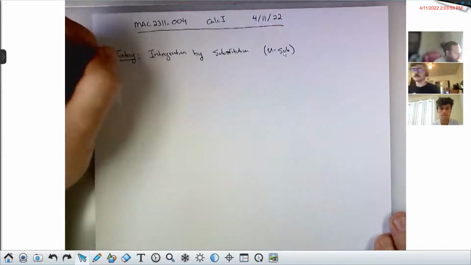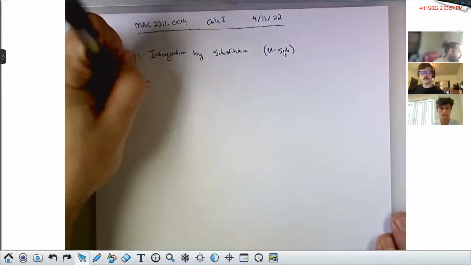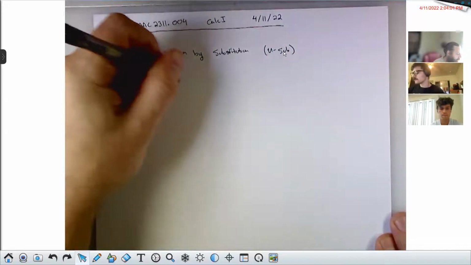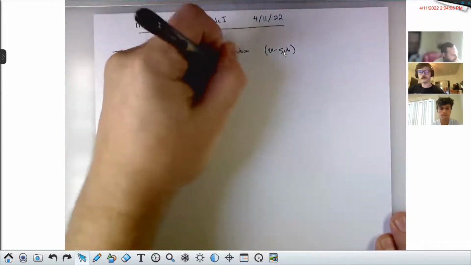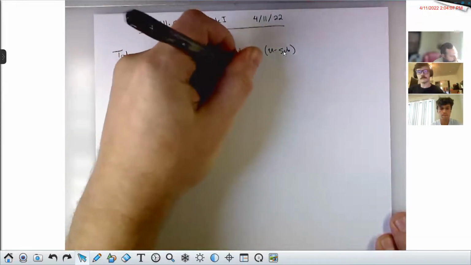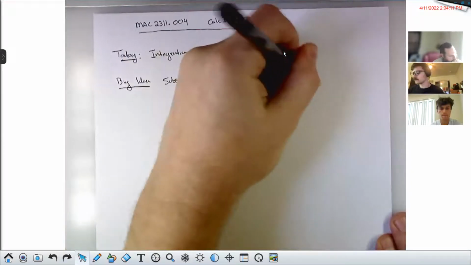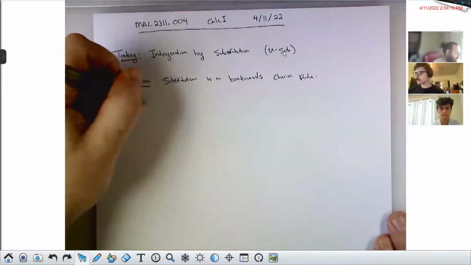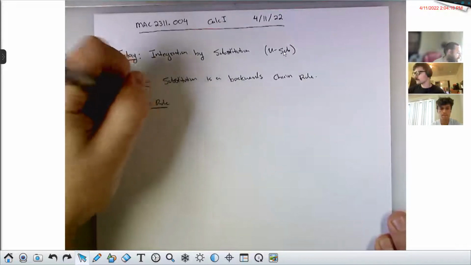The big idea is that substitution is a backwards chain rule. And what the chain rule says, just a reminder, although I'm sure everybody remembers it, I'm going to state it in some specific notation.